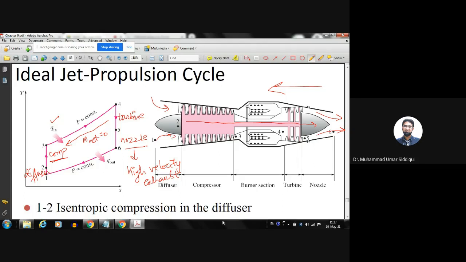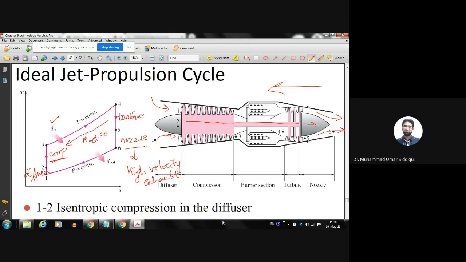So normally this jet engine is used in aircraft, and on the wings you have the jet engine, and since the aircraft is moving, the air entering into the jet engine is already at a very high velocity. So the first thing is that we convert that velocity into pressure energy, then we further compress it inside the compressor, and then we make it pass through the combustion chamber where the combustion takes place, and very high temperature and high pressure gases are produced.